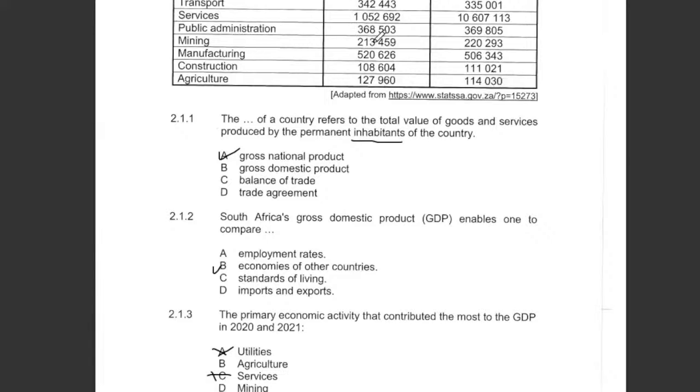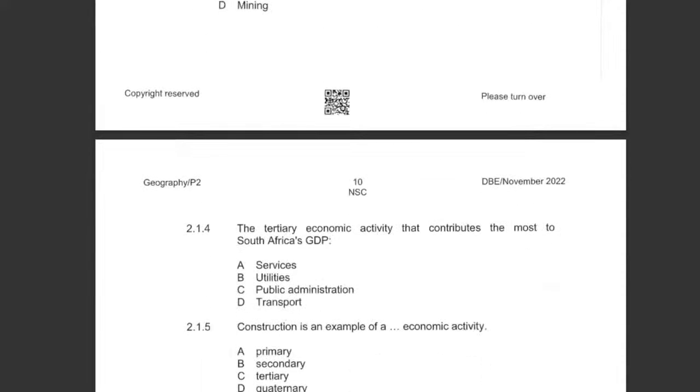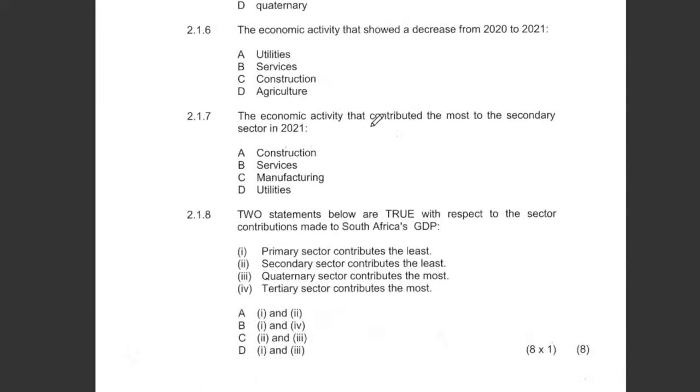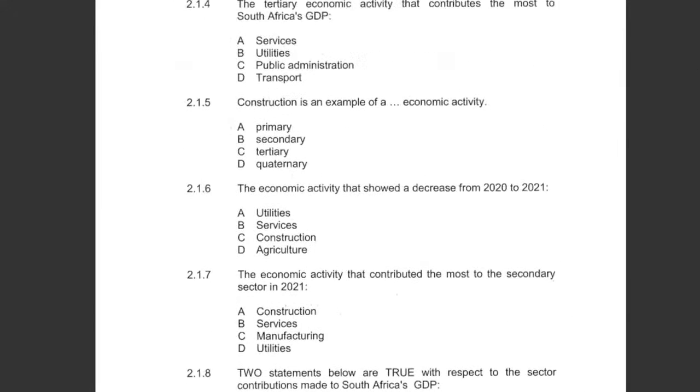Then mining is 200. So the only answer that suits there is mining. So we look at mining as the best option. Okay, so the answer there is D. All right.